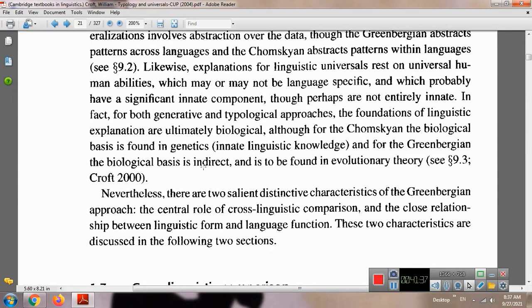Just for this session, you should define typology outside of linguistics, the three definitions of typology in linguistics, and you should give a short definition for them. Then you should define the universals based on Chomsky's viewpoint and Greenberg's viewpoint.